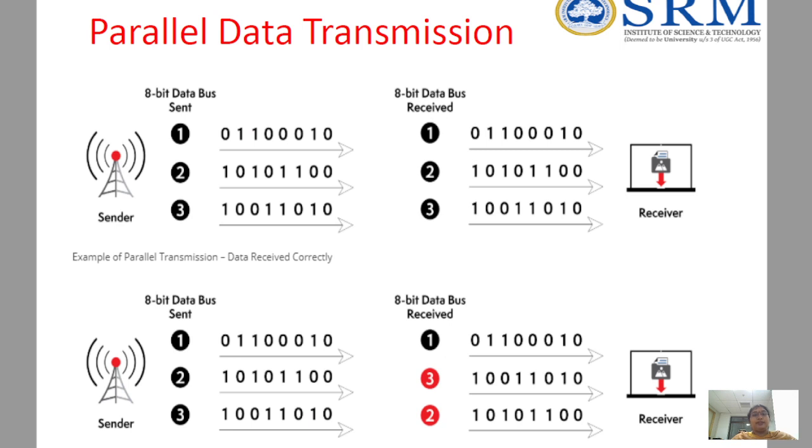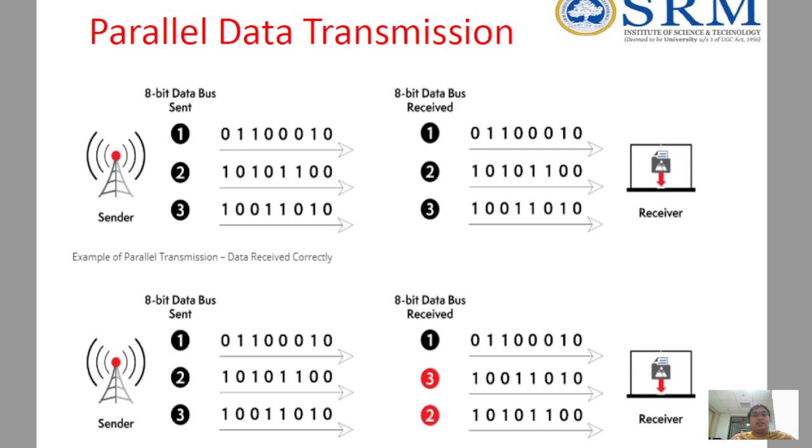So see the figure here. In the first figure, the sender is sending 8 bits at the same time. On the receiver side, they are received in the same order within a single clock pulse. So it is much faster than the serial data transmission. And see the second figure.